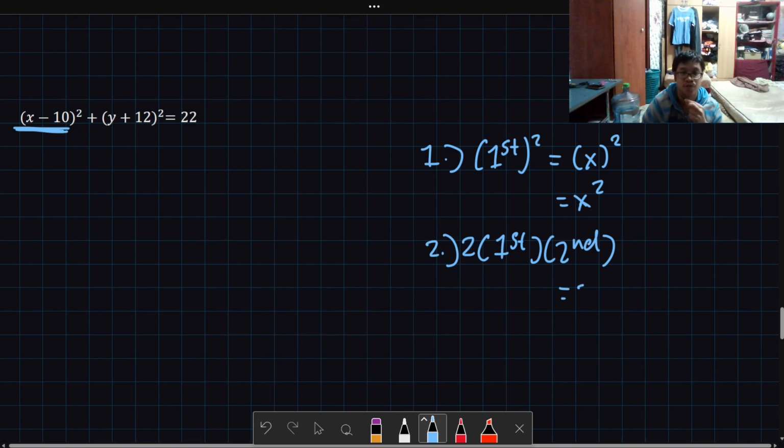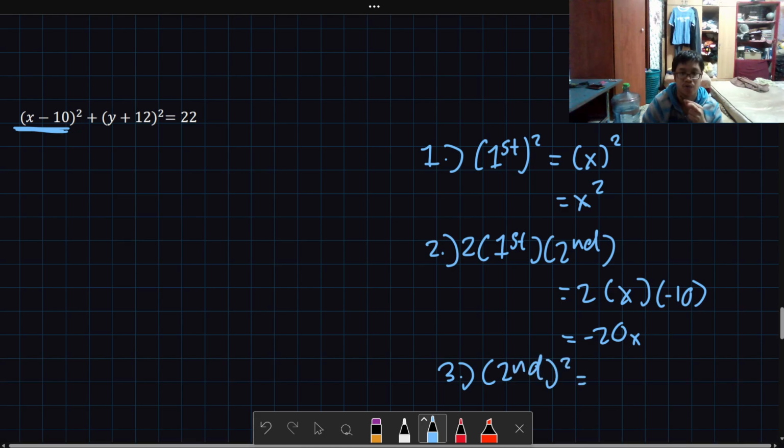So 2 times the first term, which is x, times the second term, negative 10. So 2x times negative 10 is negative 20x. And lastly, the third step is the square of the second term. The square of negative 10 will give you 100.